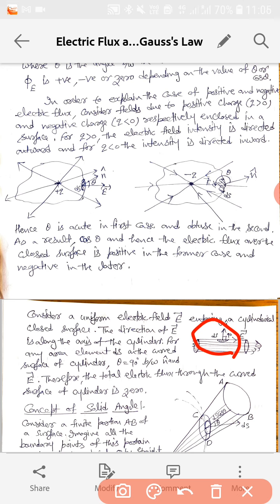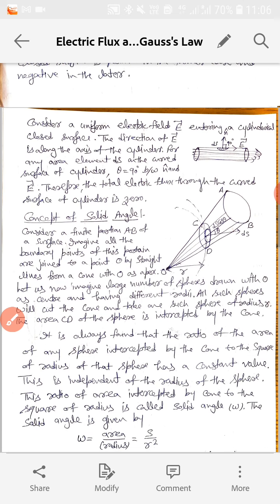And now we will come to another important topic, which is the concept of solid angle, okay. The normal angle we are all aware of, but this solid angle is also very important in electrostatics, or whenever we deal with 3 dimensions, okay. So we'll start with this solid angle.